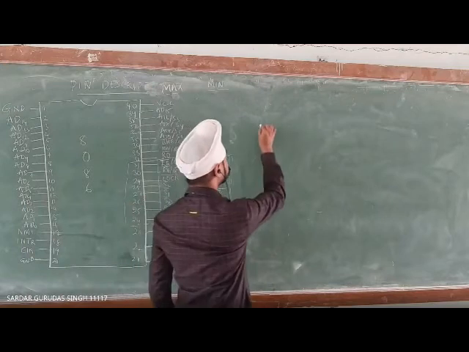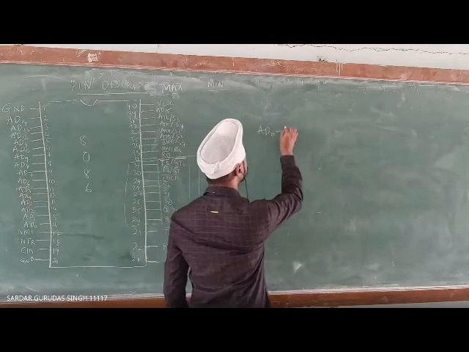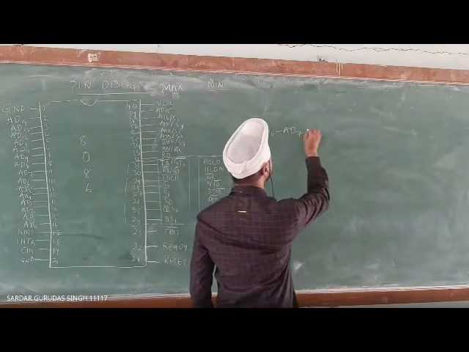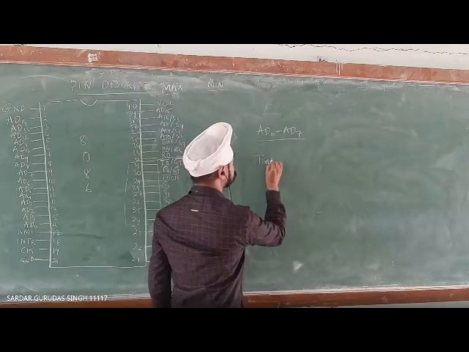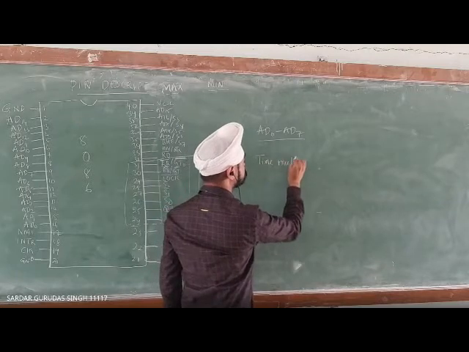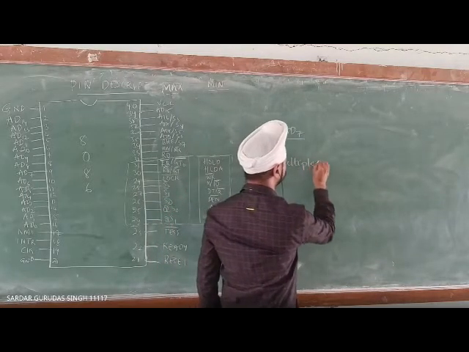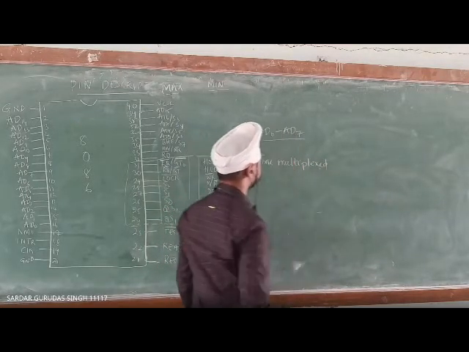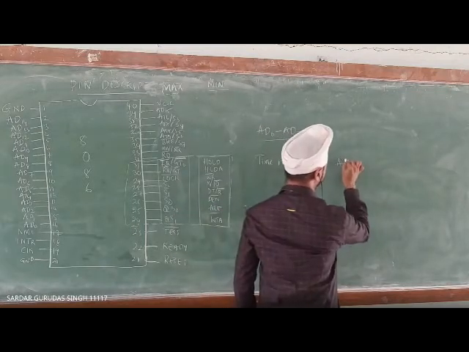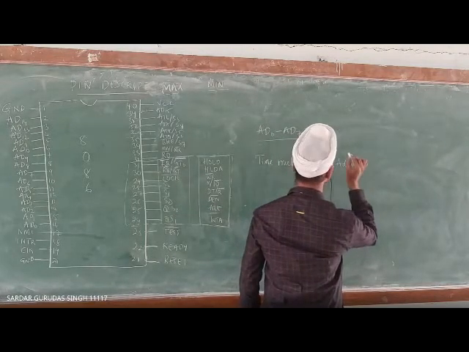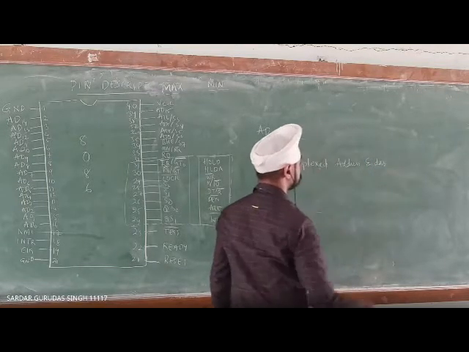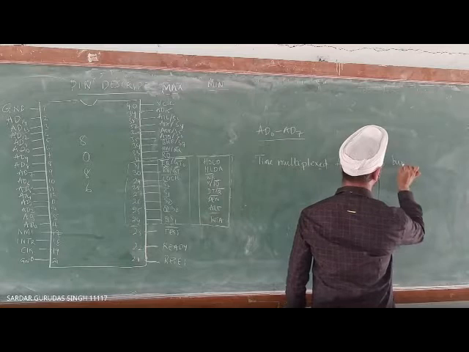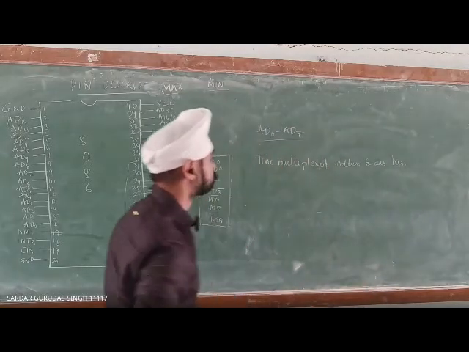So AD0 to AD7 is nothing but a time multiplexed address and data bus.